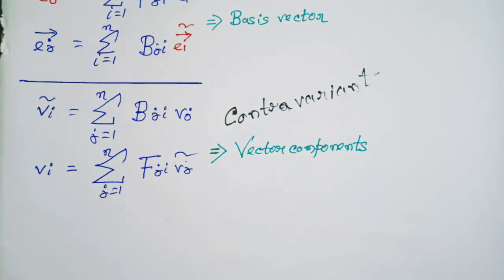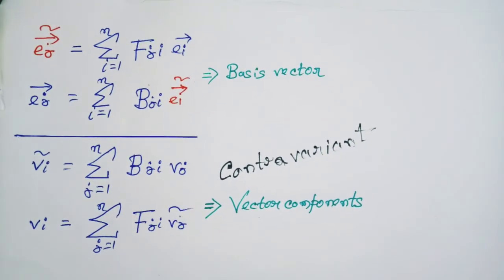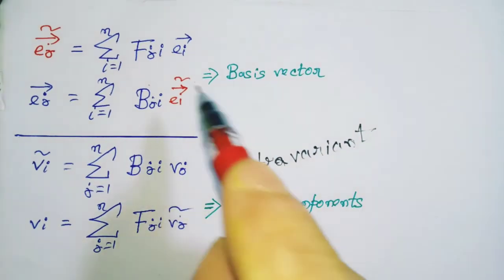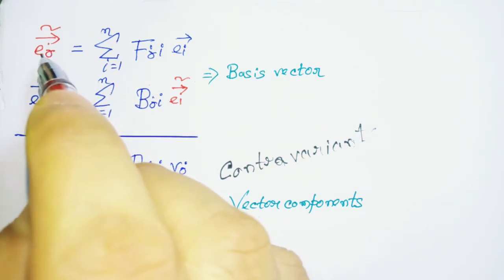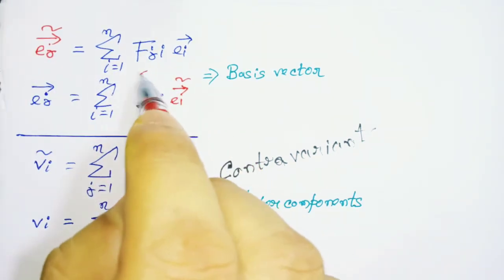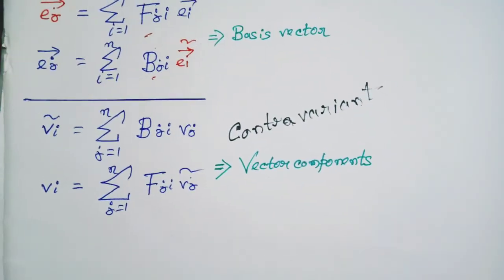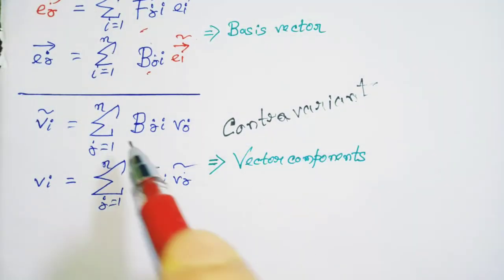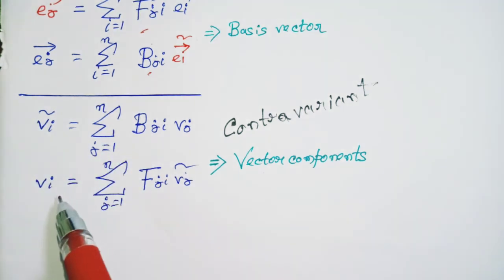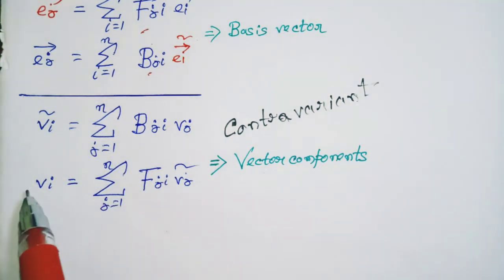So this actually is a summary. I would again like to tell you that for the basis vectors, this is not a problem. In order to get to the new, we make the forward. In order to get back, we take the backward. But for vector components, it happens in contrary. For the old, forward, and for the new, backward.